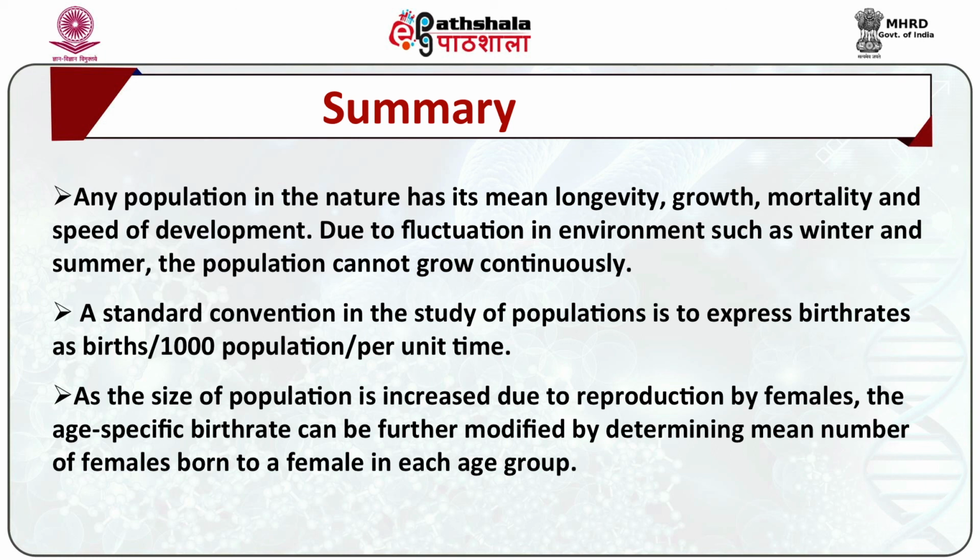A standard convention in the study of population is to express birth rates as births per 1000 population per unit time. As the size of the population is increased due to reproduction by females, the age specific birth rate can be further modified by determining the mean number of females born to a female in each age group.